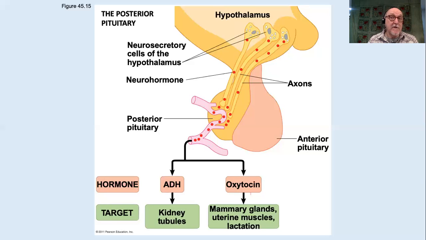And that's not surprising because you can imagine a mother looking at her child feeding at the breast, feels those feelings of warmth and affection and everything else, and it will cause the release of oxytocin and increase the efficiency of the breastfeeding. So that's the sort of thing you can imagine it being involved with.